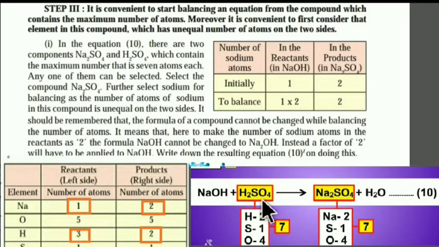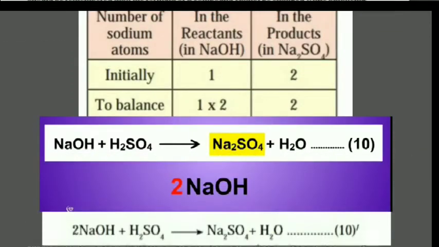So Na2SO4 and H2SO4 contain the maximum number of atoms, 7 each. So we can select the compound Na2SO4.